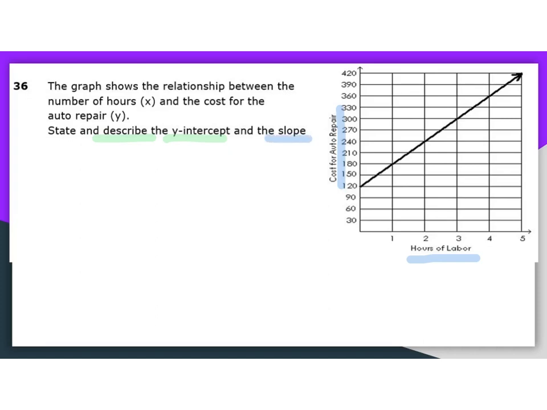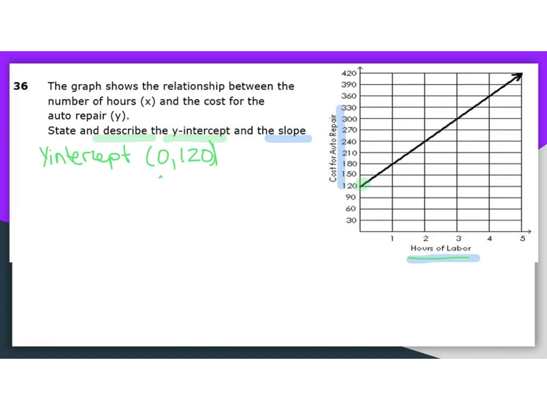So starting off with the y-intercept is where it crosses the y-axis. We have this point. The coordinates are 0, 120. So we can determine what the meaning of the y-intercept is by looking at the x-coordinate is 0, x is hours of labor.